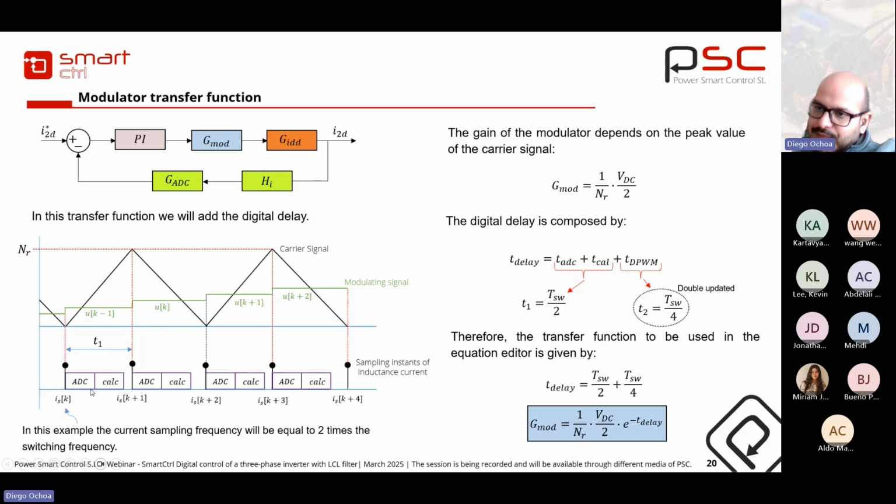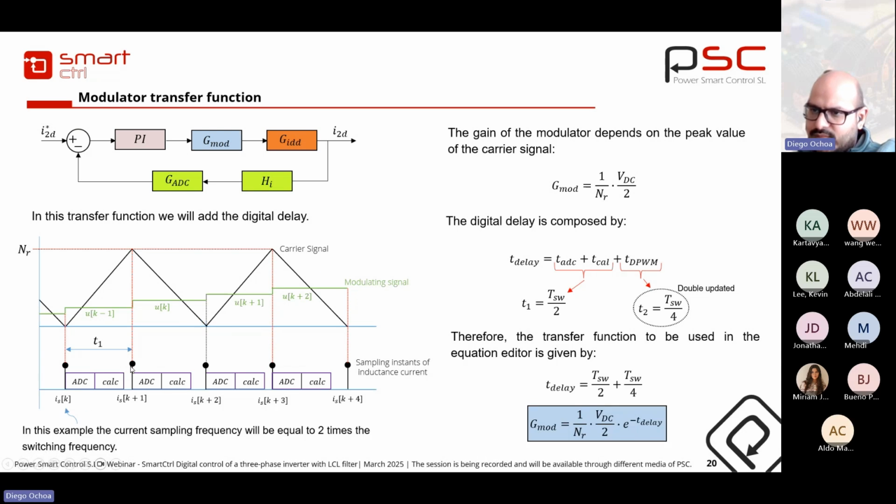In that case, we are sampling the inductance currents two times per switching frequency. As you can see here, this is the switching frequency, and we are sampling the current at the vertices of the triangular current.